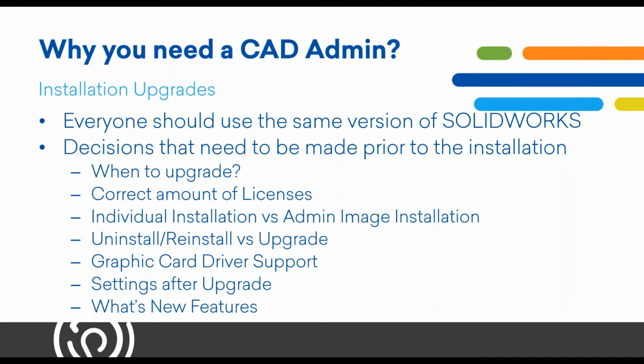They could be viewed, but they can't be opened. That's why it's recommended to make sure that everyone is using the same version of SolidWorks. What that typically means is you have upgrades and installations that happen all around the same time.